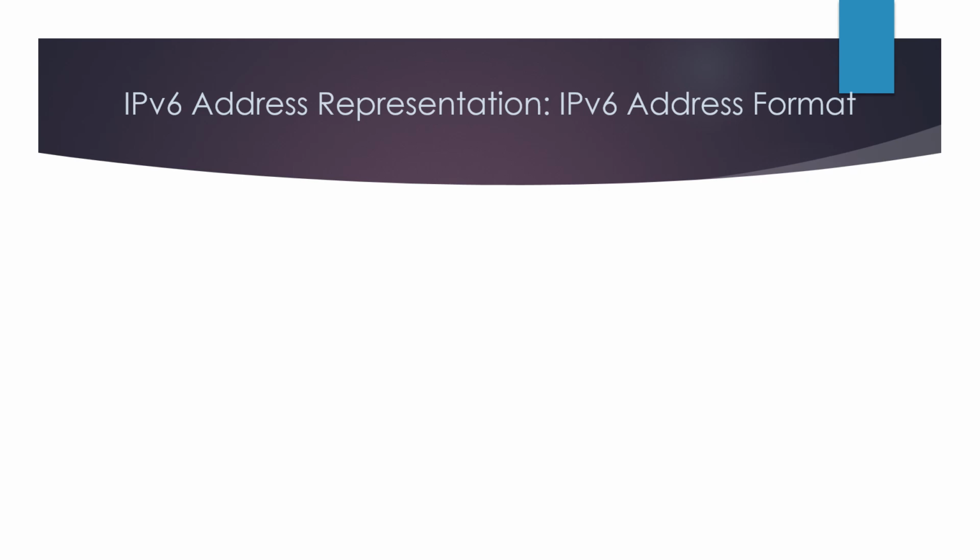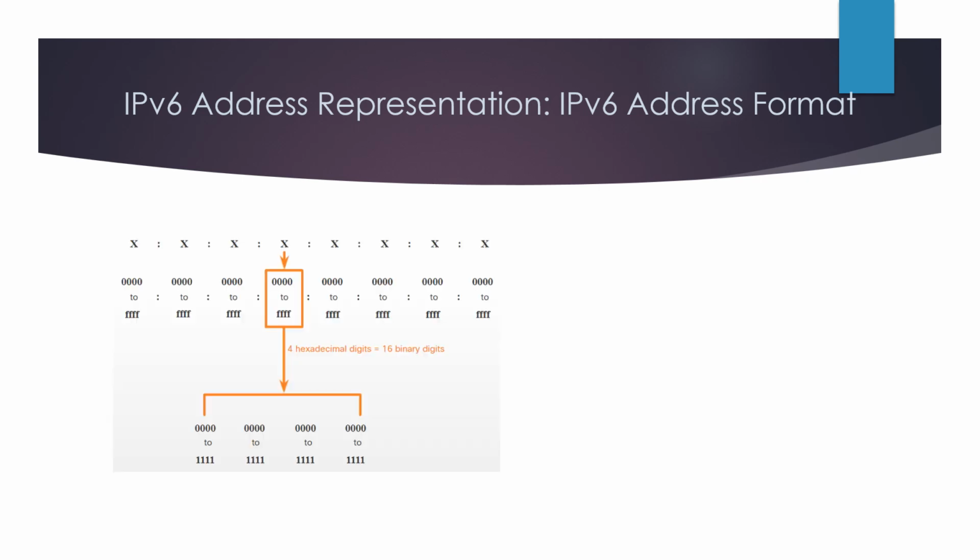IPv6 addresses are 128 bits in length and written as a string of hexadecimal values. Every 4 bits is represented by a single hexadecimal digit for a total of 32 hexadecimal values, as shown here. It is not case sensitive and can be written in either lower or upper case.